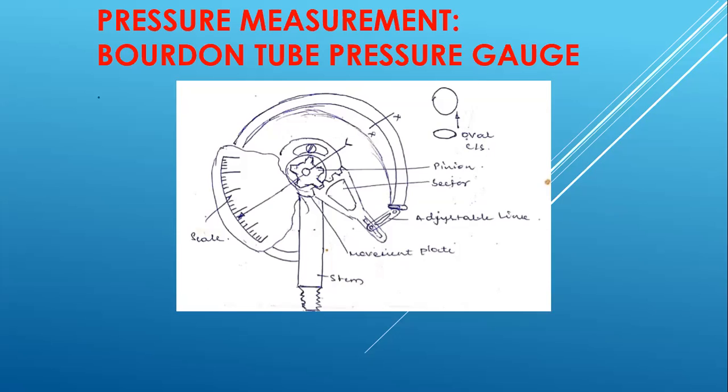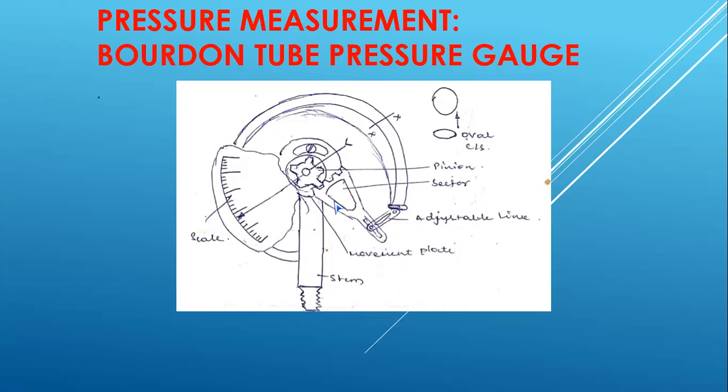So what are the things present in that Bourdon tube pressure gauge? There is the flexible tube. All of you observe here. This is the flexible tube made from rubber, made in a circular shape, and this rubber tube is connected to the adjustable link.